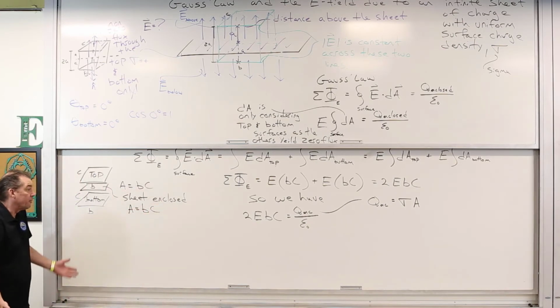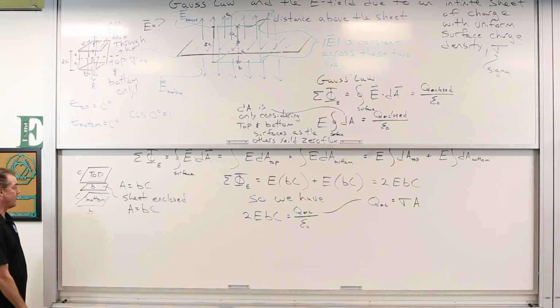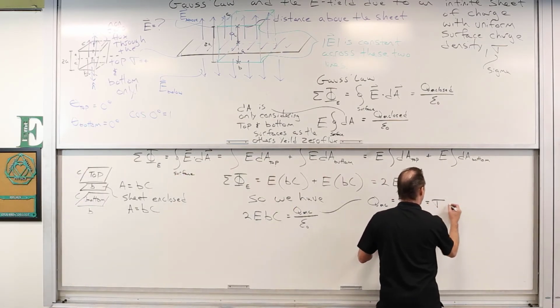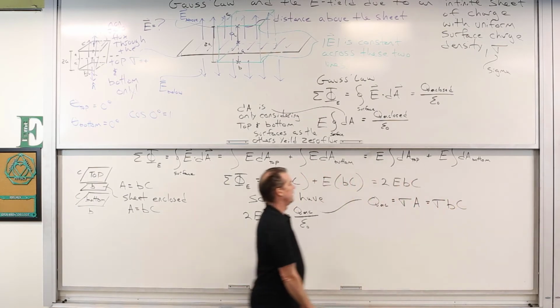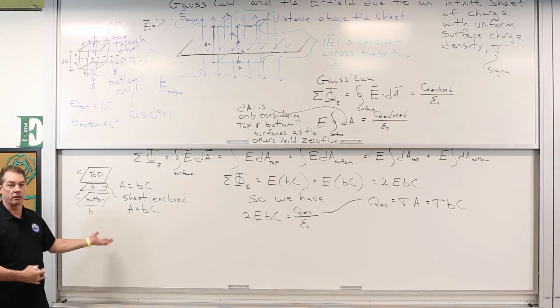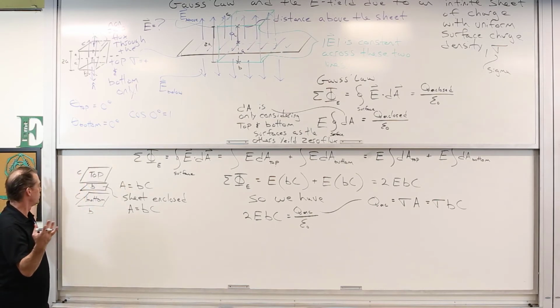It has an area of B times C. Whew, look at that. So in the end, this Q enclosed is equal to sigma BC. Surface charge density times the area of the sheet that is enclosed by our Gaussian surface.